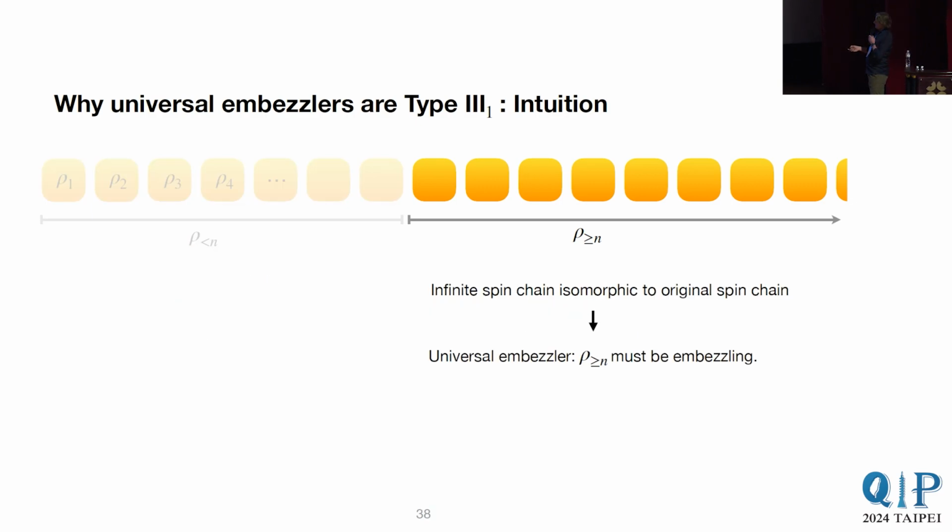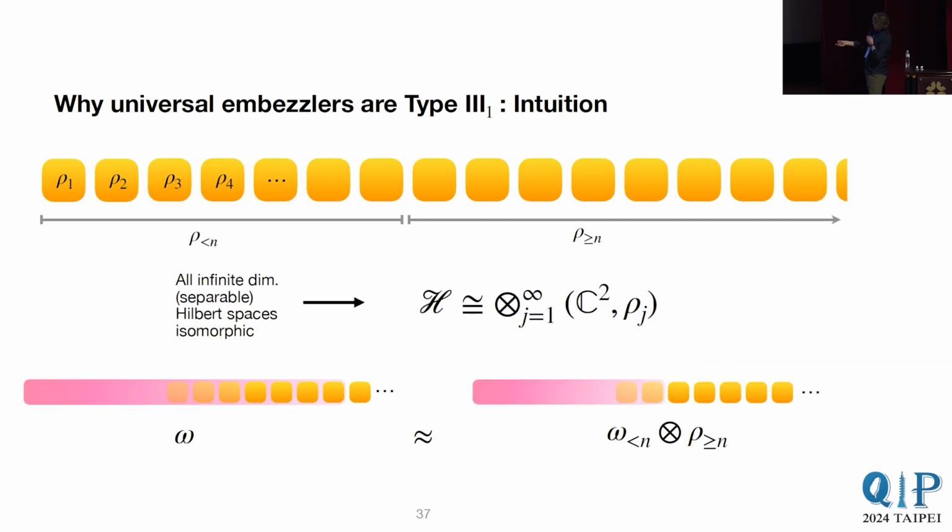In other words, if you think of the Hilbert space and the algebra of operators associated to it, and you think of a state given here, then this object is essentially equivalent whenever you just take out a finite number of states in the beginning of this chain. And this is a property we will exploit to obtain this type III_1 property.